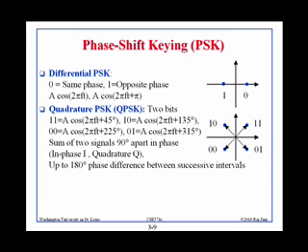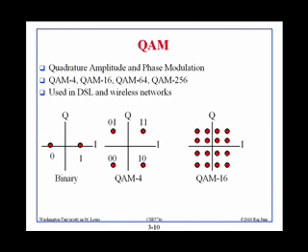But obviously you need a system which can do 45-degree resolution in 1 second, which is more difficult than doing 180-degree resolution. Here we just have to know whether it is 180 degrees or 0, which is much easier than finding out whether it is 45 or 135. And we can keep increasing this. We could do 2 points, 4 points, and we could do 16 points.